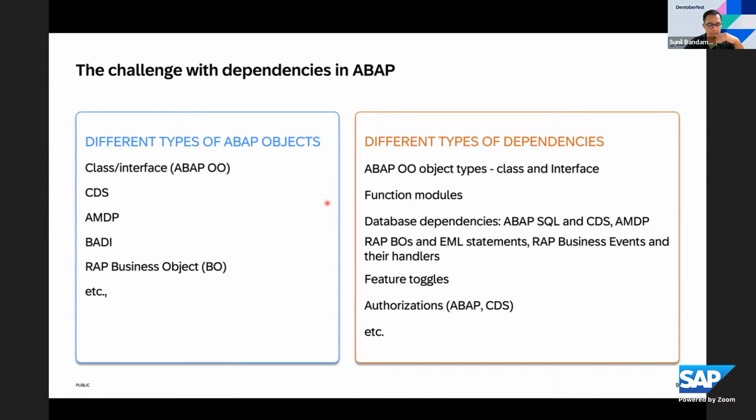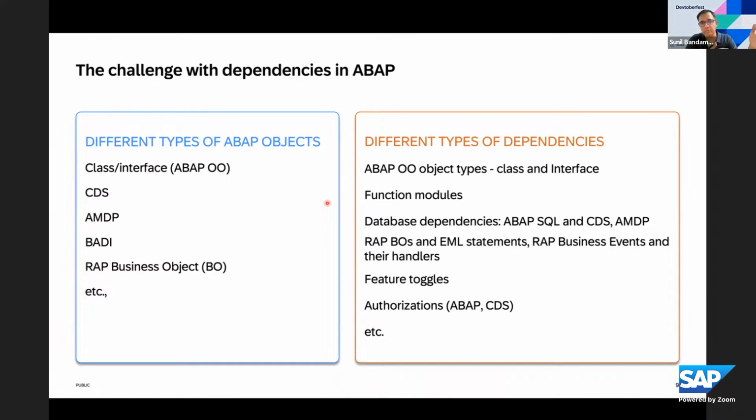Because in ABAP, we have different types of ABAP objects. As you know, there are ABAP object-oriented artifacts like classes and interfaces, and there are dictionary objects like CDS and AMDP, and there are also RAP business objects, etc. Right? You also have ABAP SQL statements, EML, and so on and so forth.